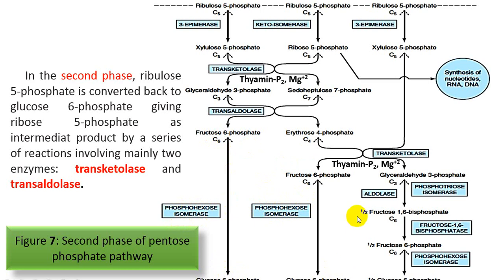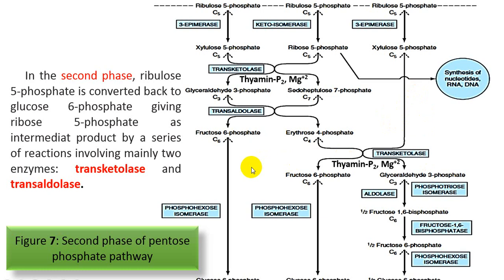On the other side, in the presence of transketolase, in more than one step and with more than one enzyme, we get half a mole of glucose 6-phosphate. The important thing in the second phase is the synthesis of ribose 5-phosphate as an intermediate compound, and its function is very important for synthesis of RNA, DNA, and nucleotides.